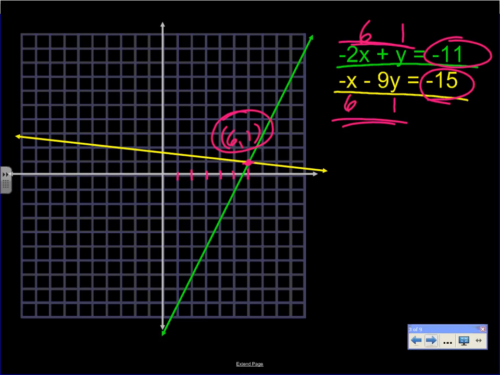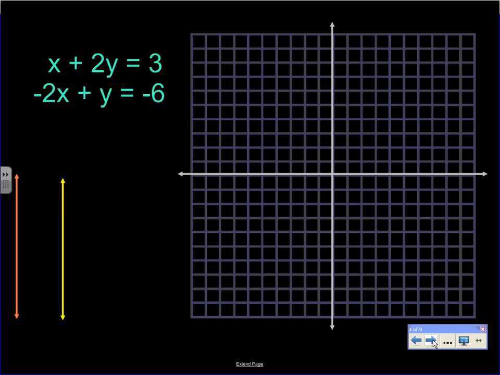Okay, so let's get started here on graphing. Let's go ahead and graph some of these. You have to use your knowledge of graphing to do this. Let's work with this bottom equation.